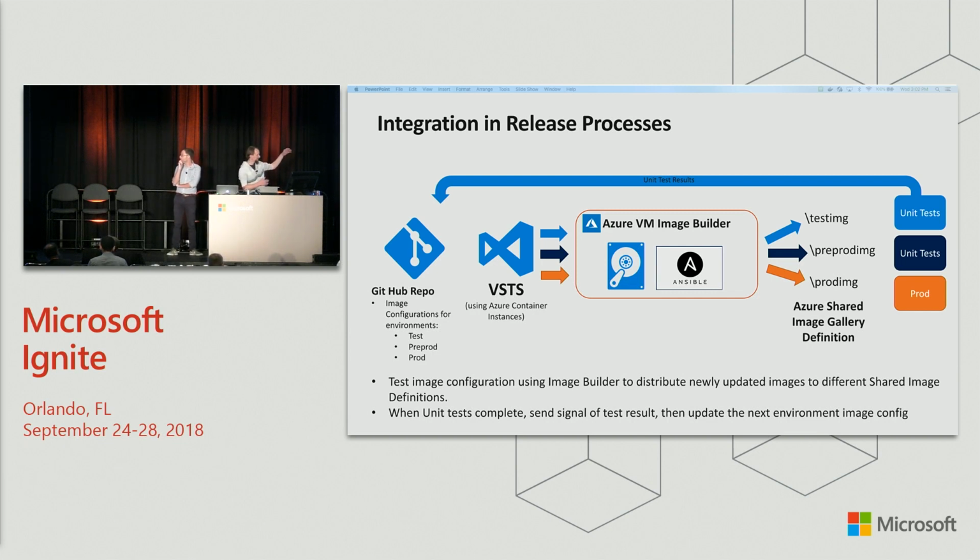The 3 arrows on the right side represent 3 different images in a shared image gallery, where you can say, we'll publish to testing first, and then, if that looks good, we can publish to pre-production, and then, if that looks good, we'll promote it to production. And that's how you could do that.